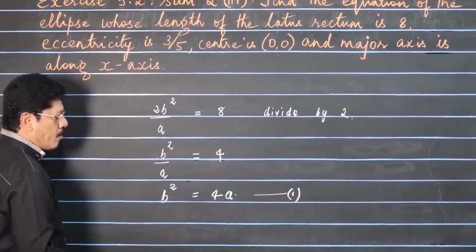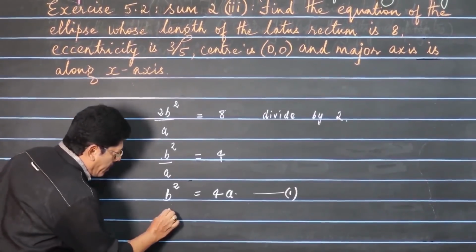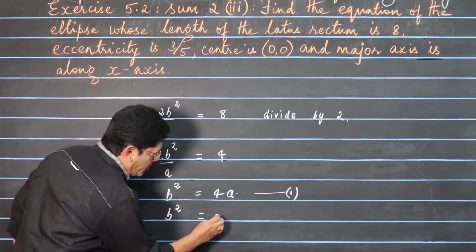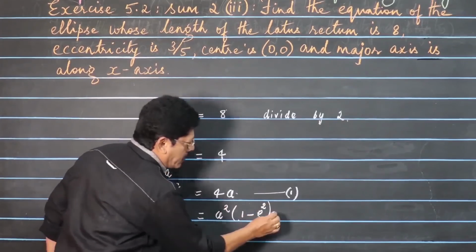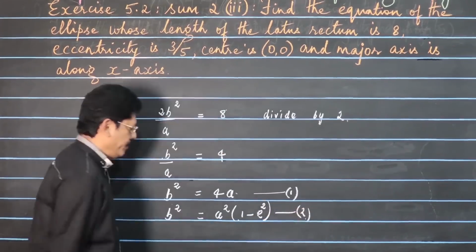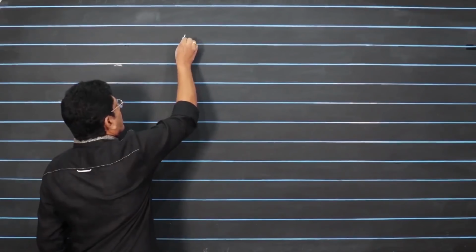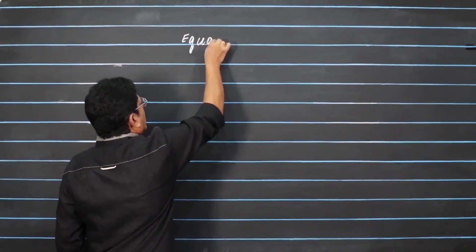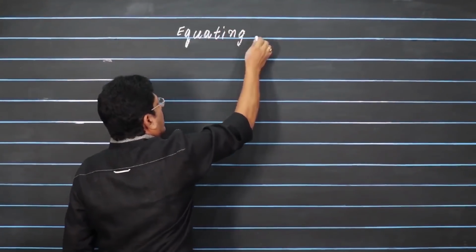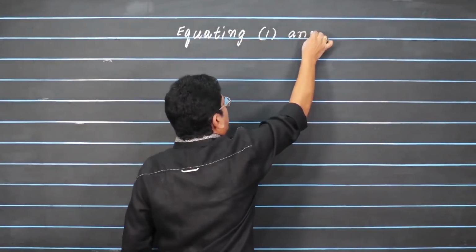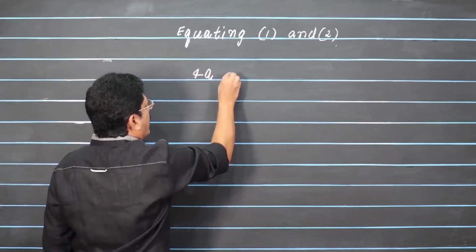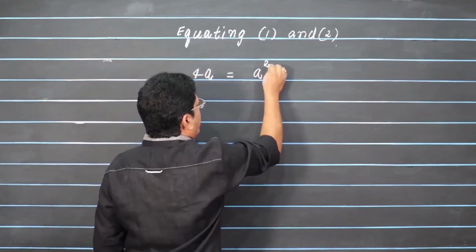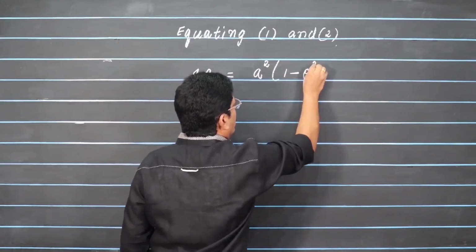You have another equation for b squared in terms of a squared and e squared. b squared is also equal to a squared into 1 minus e squared. This will be equation 2. Equating equations 1 and 2: 4a is equal to a squared into 1 minus e squared.